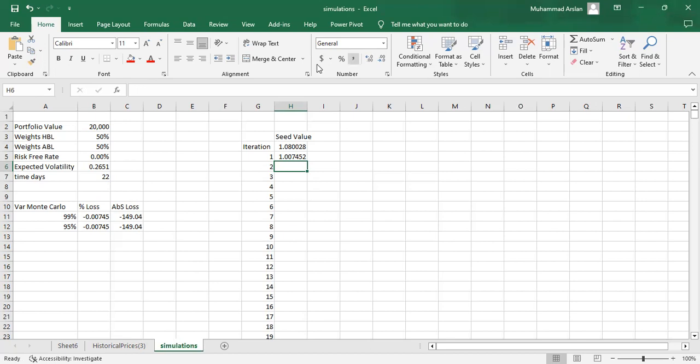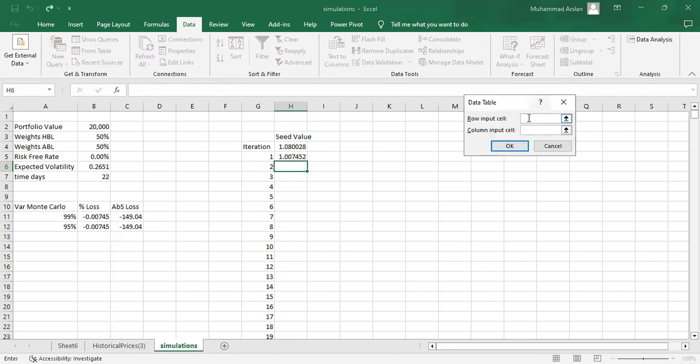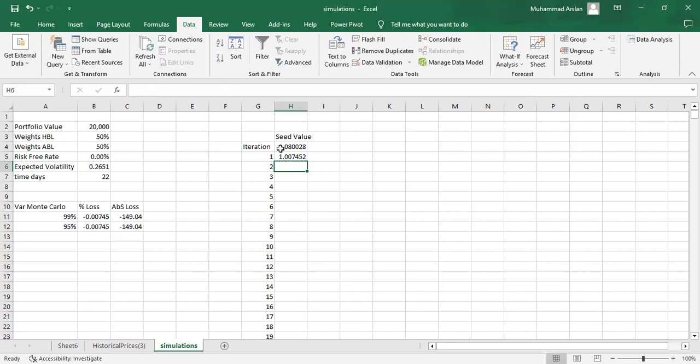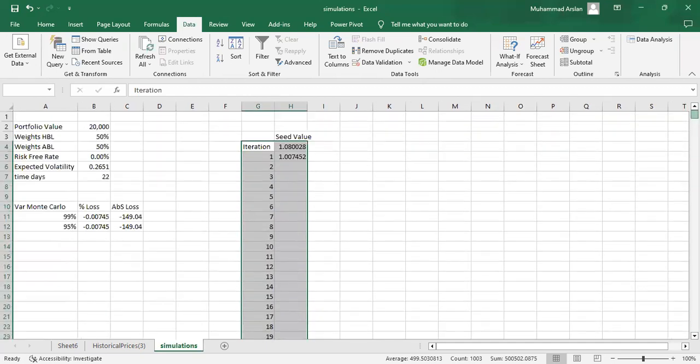For that purpose, we go to the Data tab, then What-If Analysis, then Data Table. Before that, I will select the whole time period. You can use 1,000, 5,000, or 10,000 iterations, it's up to you.